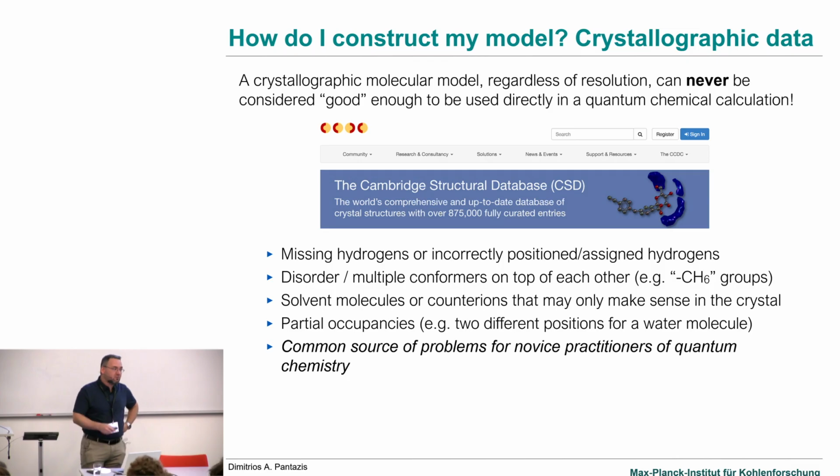Or there are multiple conformers, so you see weird things in the crystal, and you need to correct that. So whatever you input to a quantum chemistry calculation needs to be perfect and pristine and exact, otherwise it makes no sense. You cannot have two overlapping phenyl groups, for example, and wait for some calculation to correct that. It needs to be perfect.